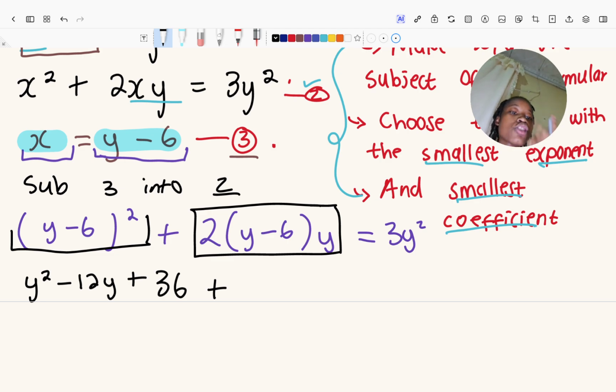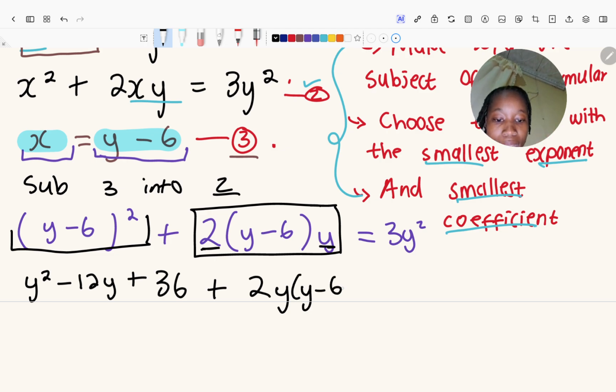Make sure you just tie the coefficient or the number with the variable. Okay, how so? You're going to take this 2. I have this 2, and then I'm going to take this y, I'm just going to make them together, and then I'm just going to write my bracket.